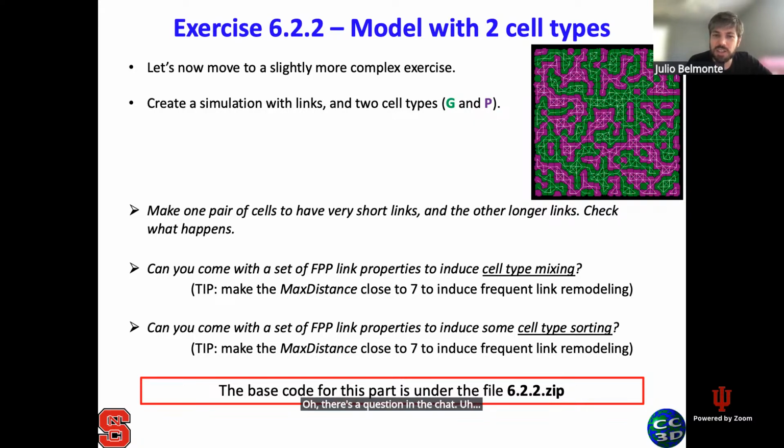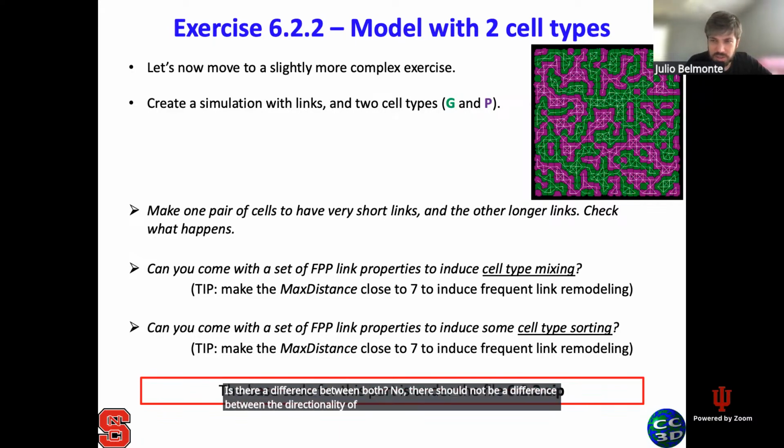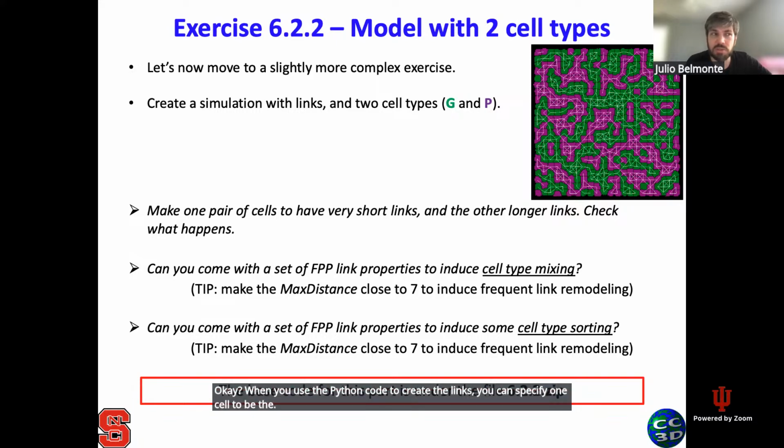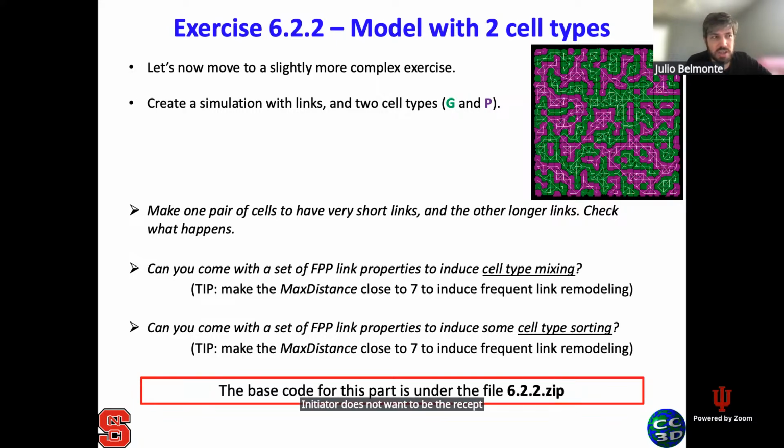There was automatic creation of a link of type P and G and P. Is there a difference between both? No, there should not be a difference between the directionality of the links. When you use the Python code to create the links, you can specify one cell to be the initiator, the other one to be the receptor.